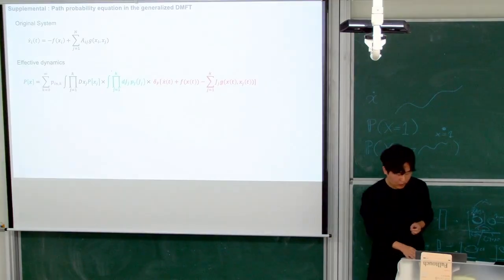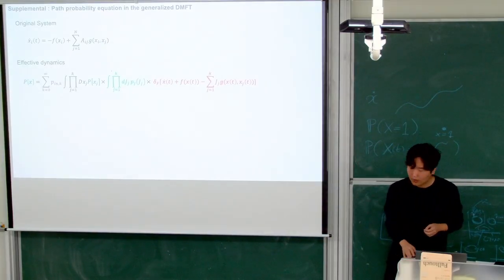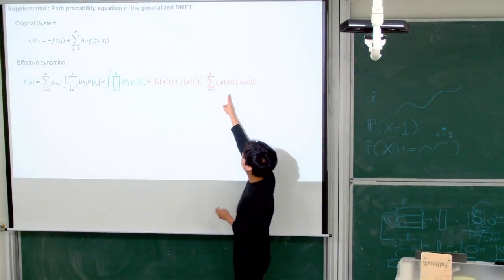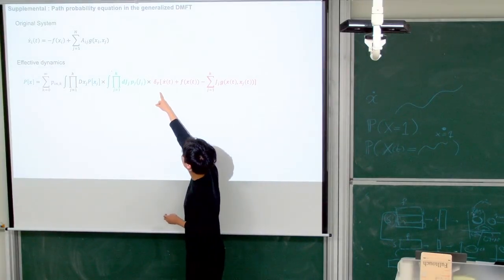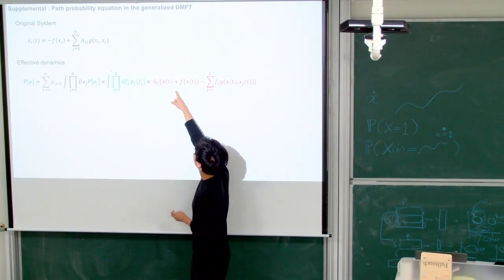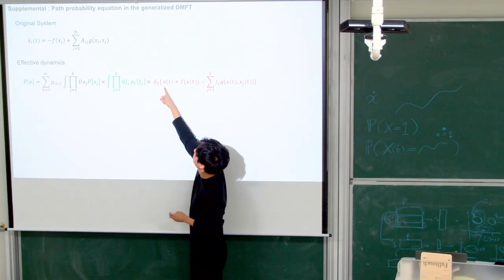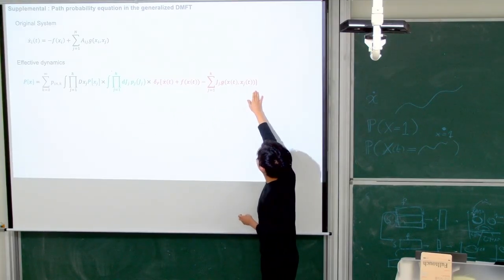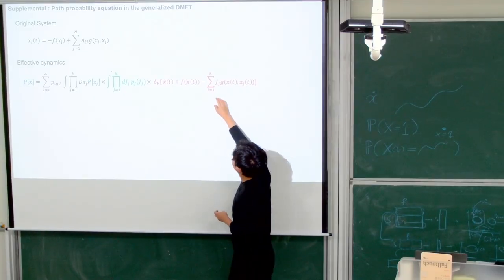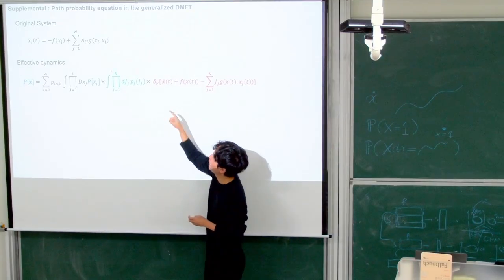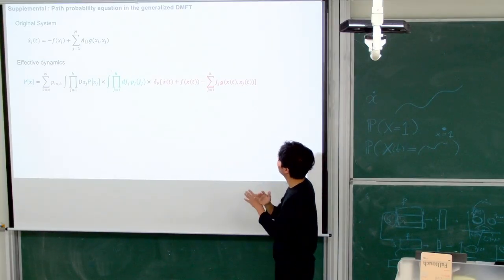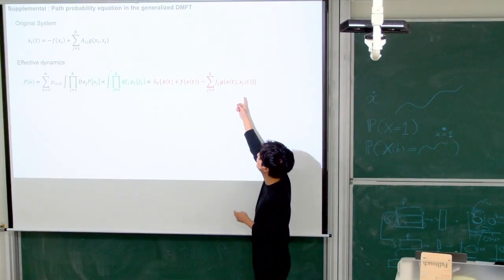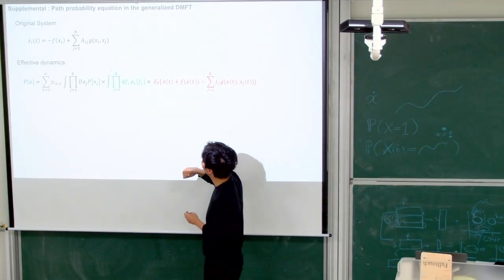So what is this? If you look at this red term, it is kind of a Dirac delta, imposing that the trajectory x satisfies the following equation. So it is almost the same thing as the original system, not exactly the same, but pretty much the same.